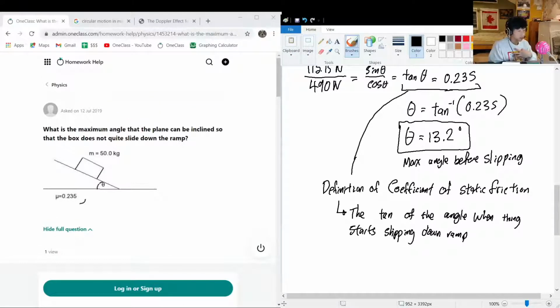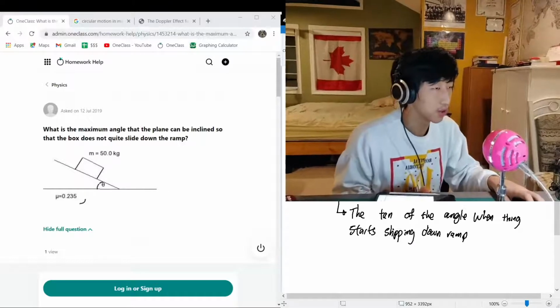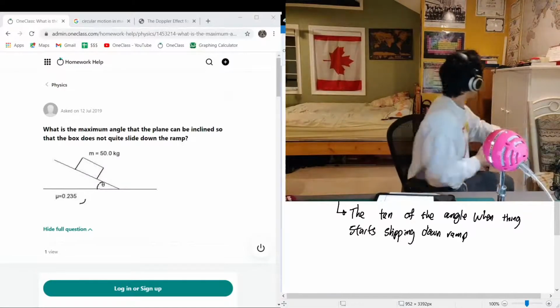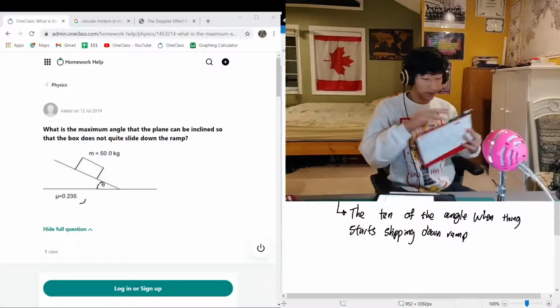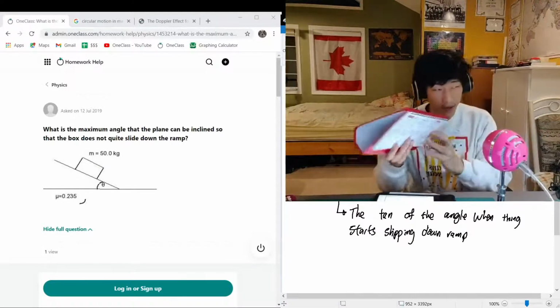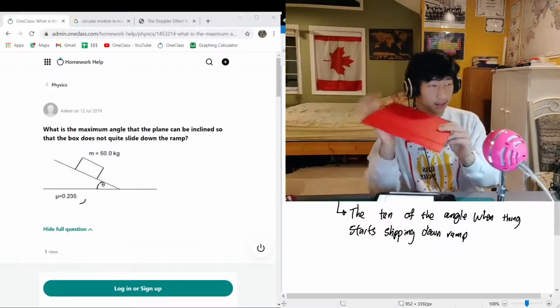Like, let's say you're trying to figure out a system like this, and let me see if I got any real life examples that I could show for this. So here I got a calendar. This can kind of represent a ramp, like this.